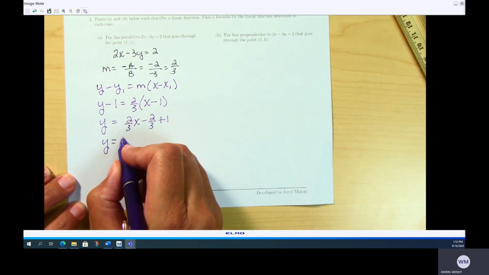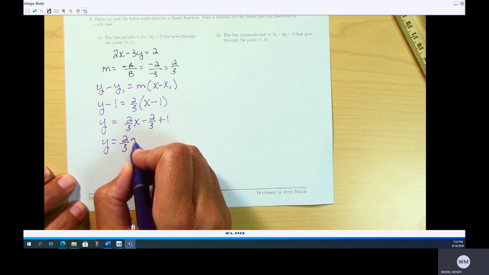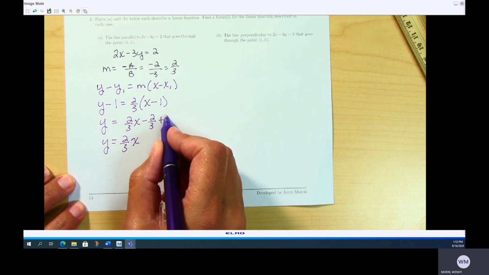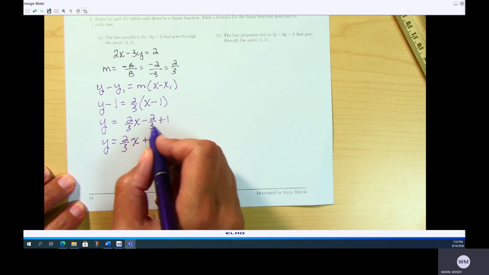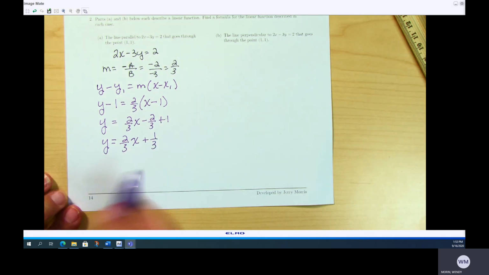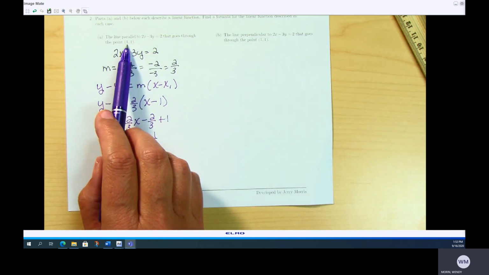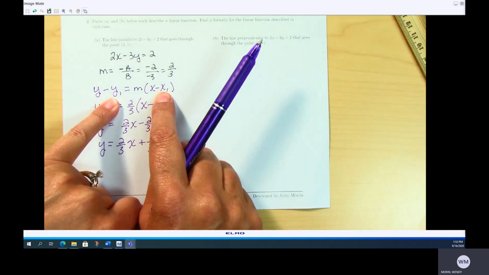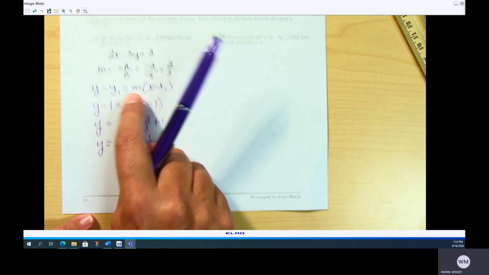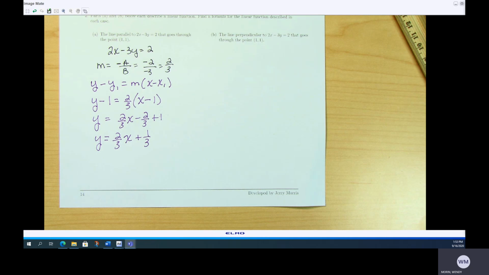So slope-intercept form would be 2/3 x. That's going to be 3/3, plus a negative 2/3 gives you 1/3. That is the slope-intercept form of the line. But when you're given a point and you're given a slope, plug in the point here, plug in the slope here, and that is the equation of the line.